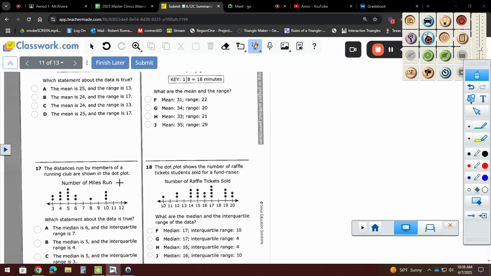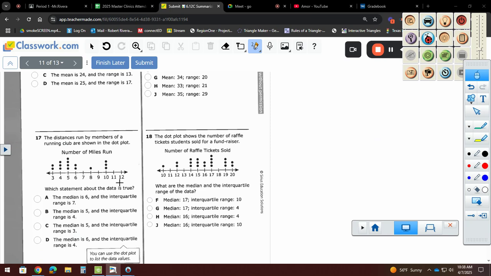Okay, 16. Dot plots. What word is there that kind of tells me that I'm gonna have to do some extra stuff? Which one would you want me to do, by the way, 17 or 18?